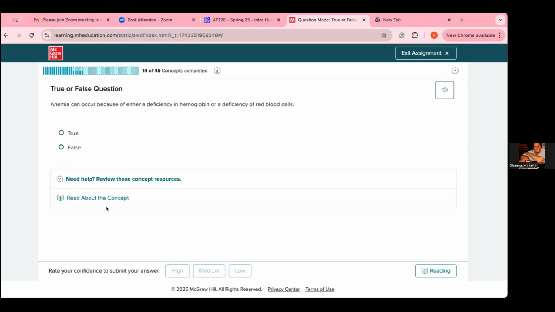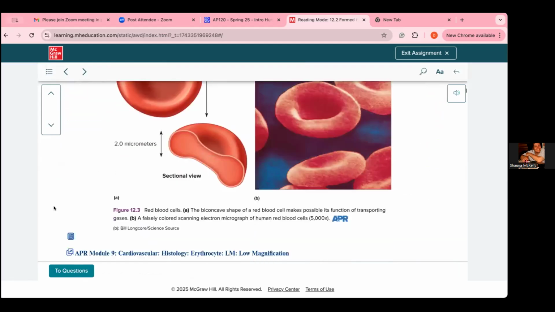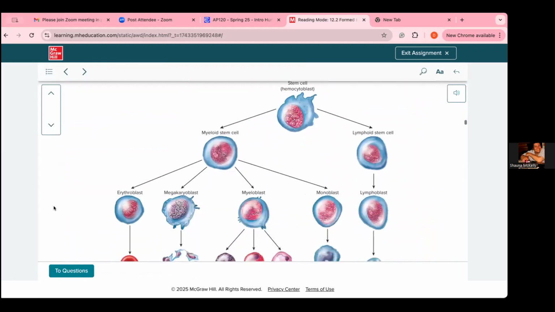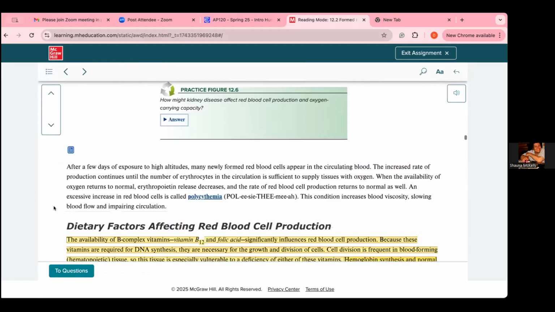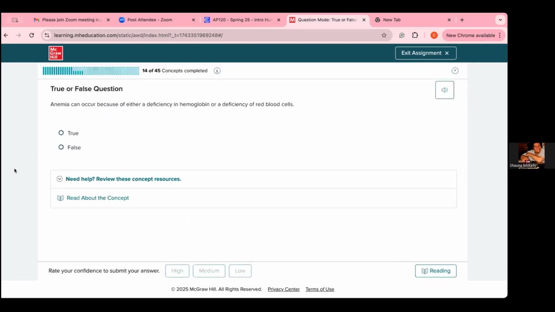Go back and read about it, but I think that's true. So we need to read about anemia. So keep going. A deficiency of red blood cells or a reduction in the amount of hemoglobin they contain results in a condition called anemia. Yeah, we did read that. So yes, that's a true statement on the screen.